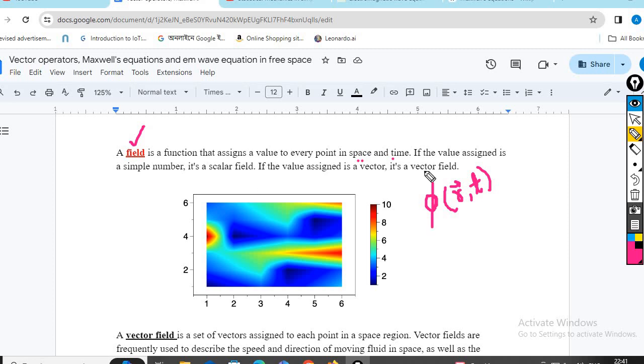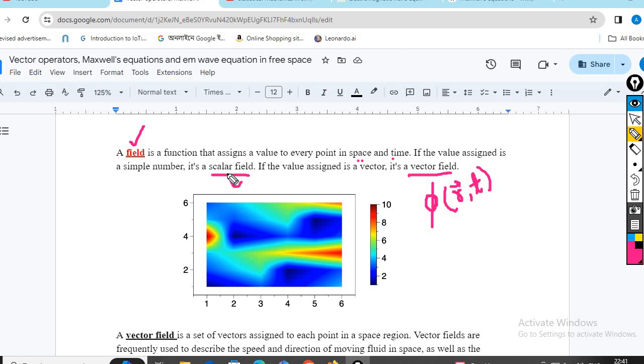Now the values of this function may be numerical values, simple numbers, and then they will simply represent a scalar field. But if they are vectors, they will be considered a vector field. There are a number of examples of scalar fields, like heat and water flow.